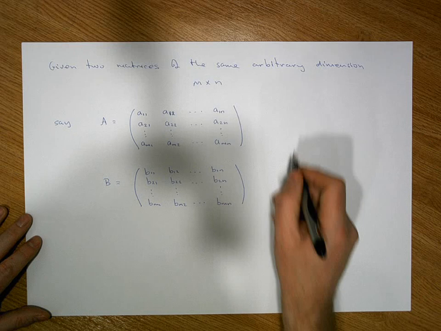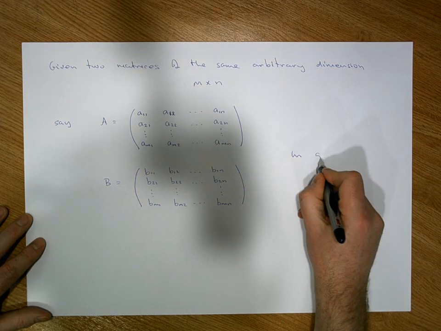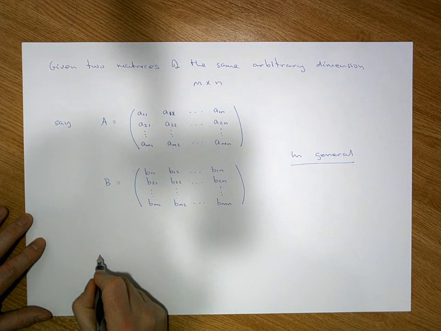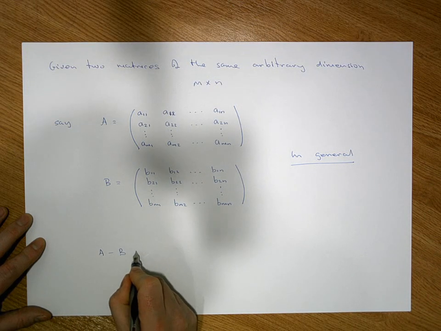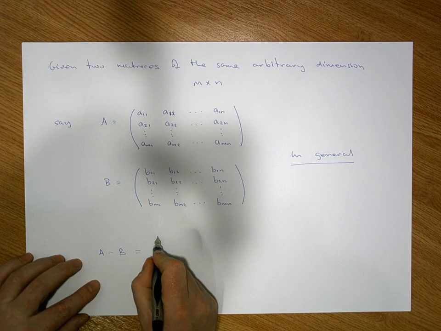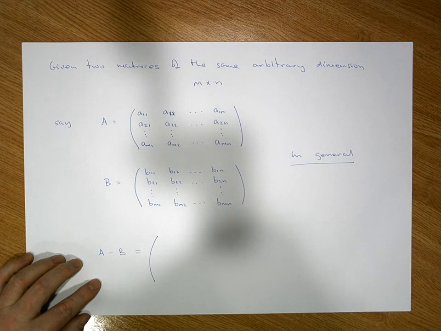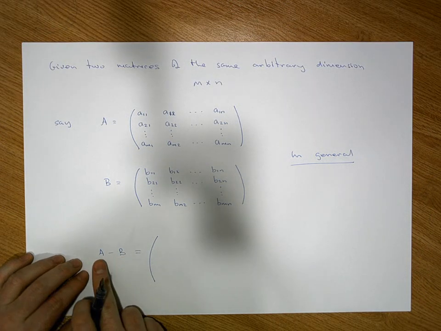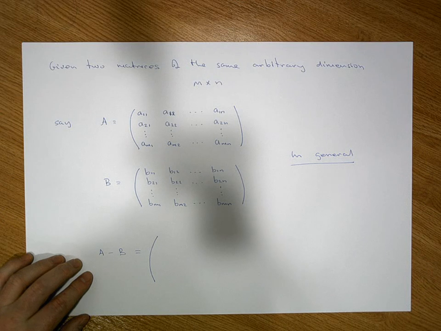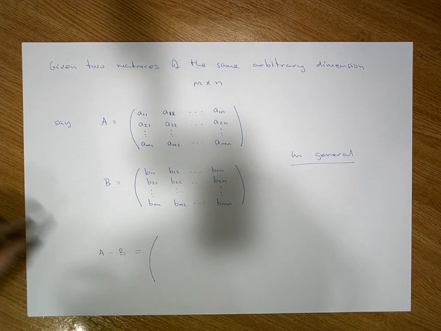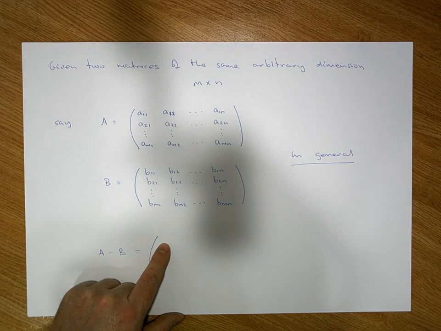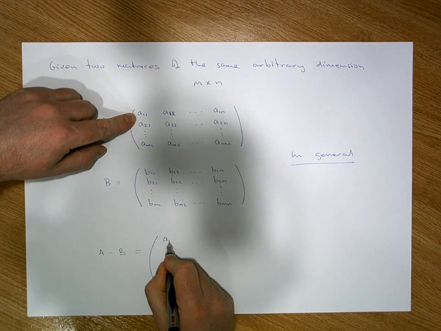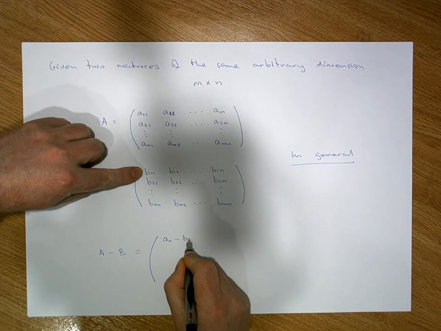So in general, the subtraction A minus B is going to be a new matrix where we subtract the second matrix's entries from the first matrix's entries. The first entry in the first row, first column, is going to be A11 minus B11.